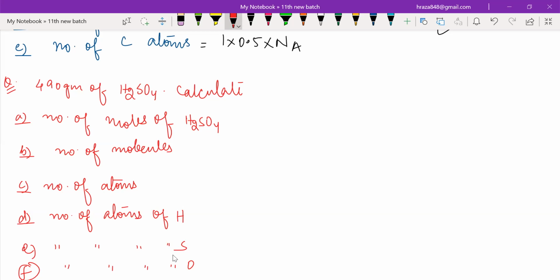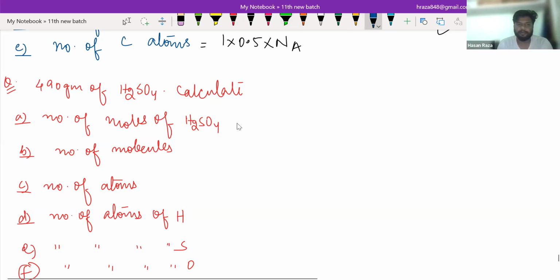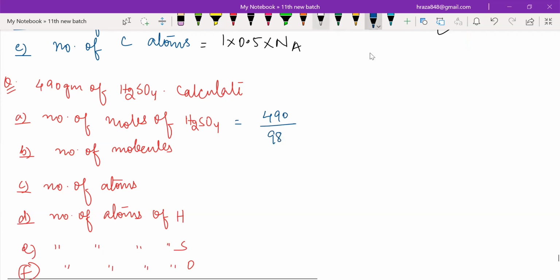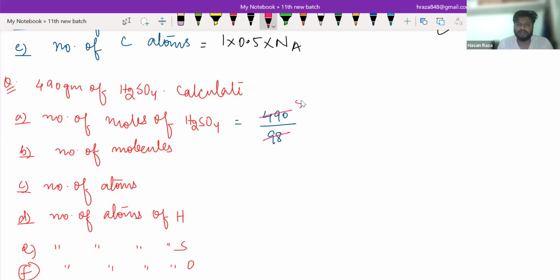Sir, there's 5 moles. Number of moles of H2SO4 is basically given mass, that is 490, upon molar mass, that is 98. So you can see, yes, it will be 5 moles. Now, what is the number of molecules? So, sir, 5 into Na. What is the number of atoms?